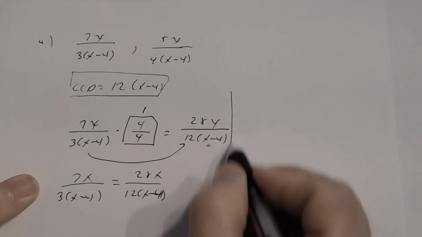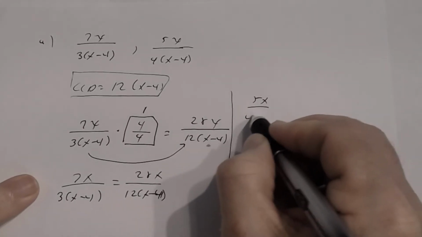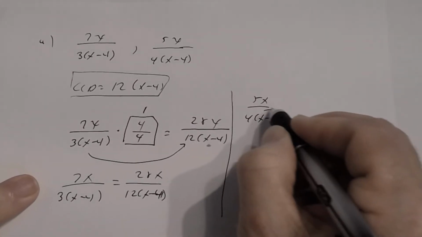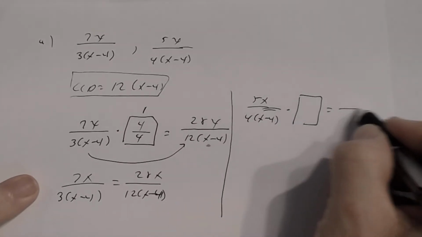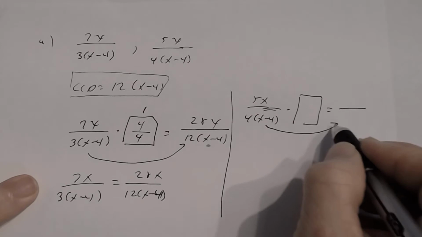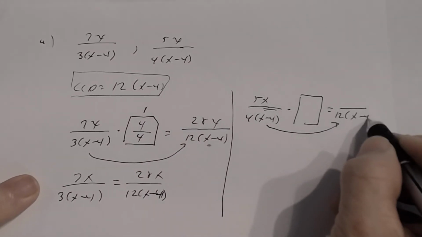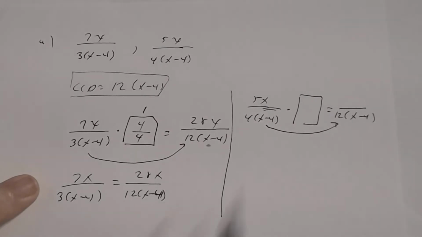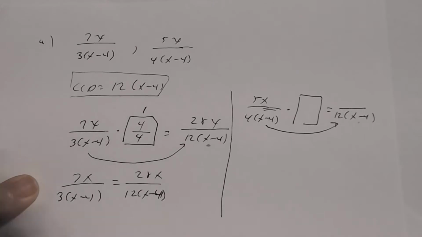Okay? Then the next one, this one, you have 5x divided by 4 times x minus 4. You want to multiply that by some expression to get an equivalent rational expression with this denominator, 12 times x minus 4. So again, I have the x minus 4, right? So what's missing? 4 times what's going to give me 12? Well, 3.